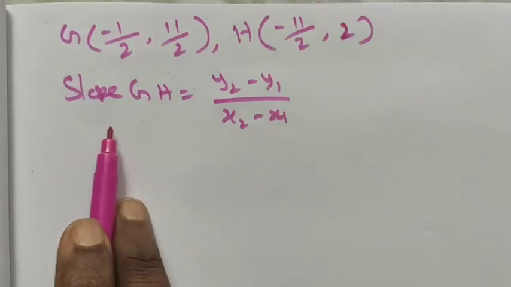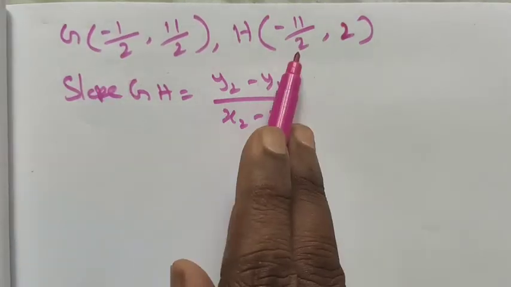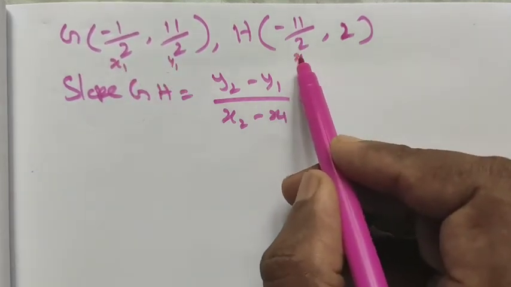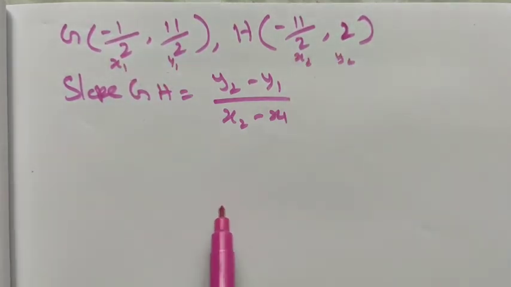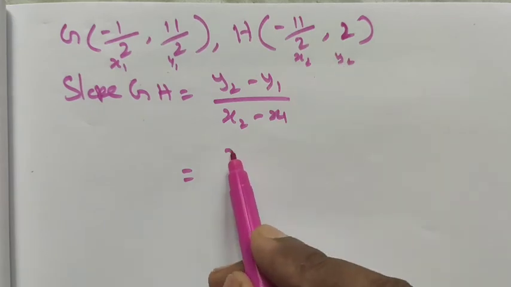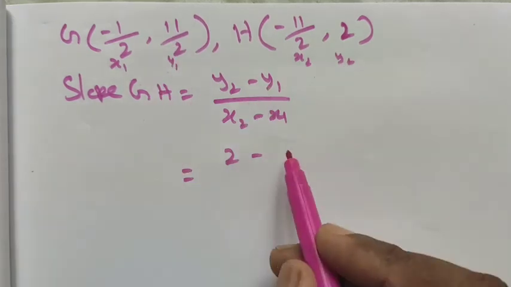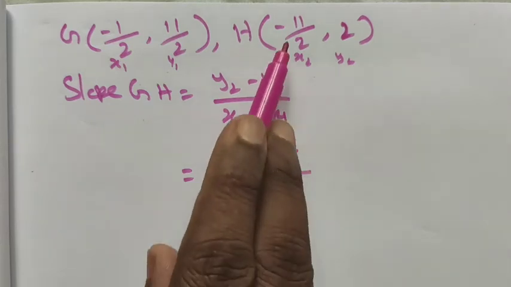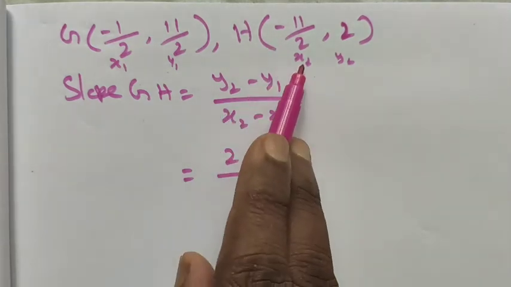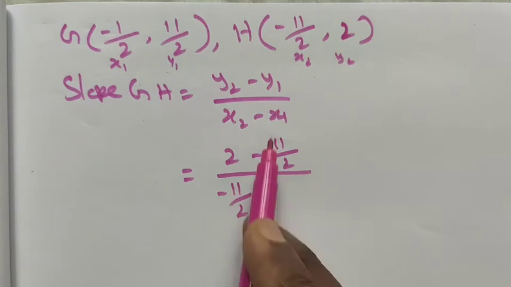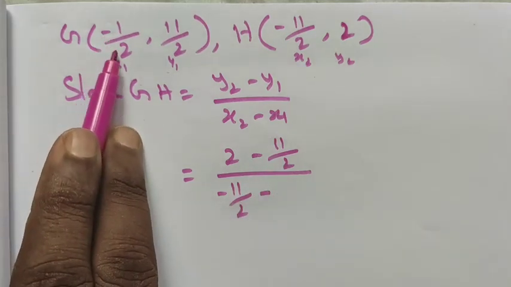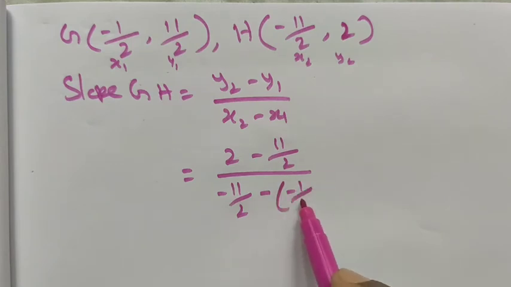Next we want to find the slope of GH. G and H points are taken. Let me take the first point as x1, y1 and the second point as x2, y2. y2 is 2 minus y1, which is 11 divided by 2, and for the H point x2 is minus 11 divided by 2, minus x1, which is minus 1 by 2. Now substitute this.